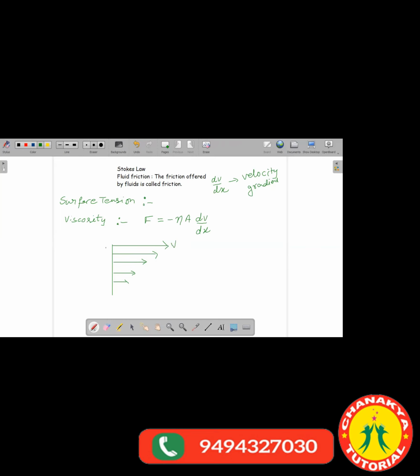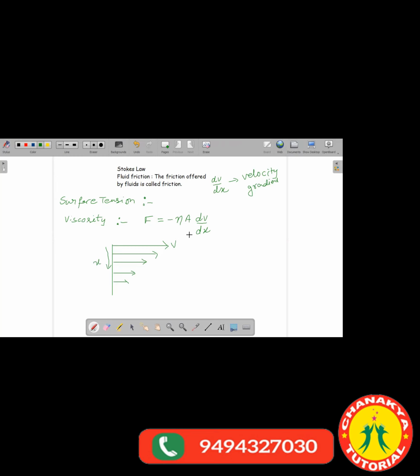So as we are moving along the distance, let this be the x, velocity is decreasing. So we find here the velocity gradient, the decrease of velocity with distance. Since the velocity is decreasing, we use here a negative sign. Had it been increasing, then we would have used a positive sign.